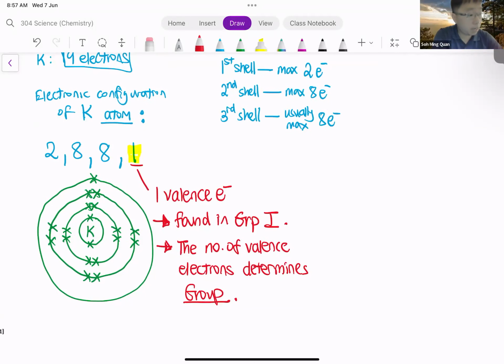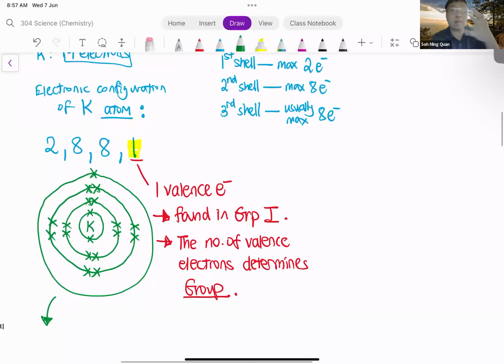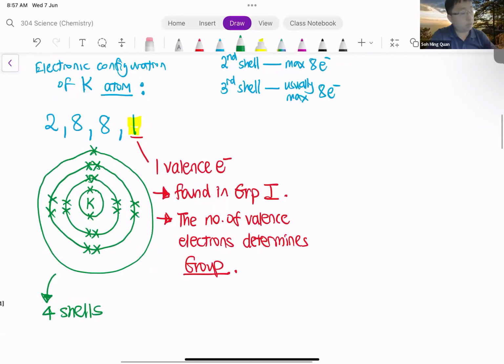Okay, next, the 2881. You notice when it says 2881, it means there are 4 shells. You have drawn 4 shells of electrons. Sure, the 4th shell is not fully filled, but there are 4 shells. Because there are 4 shells, it is in period 4 of the periodic table.